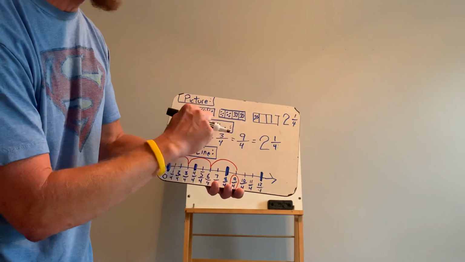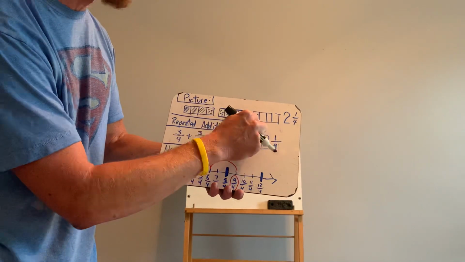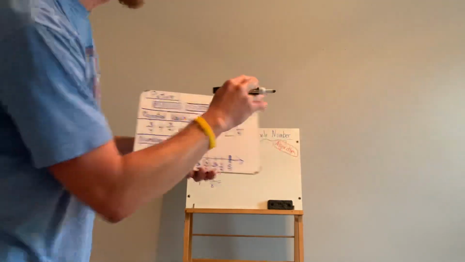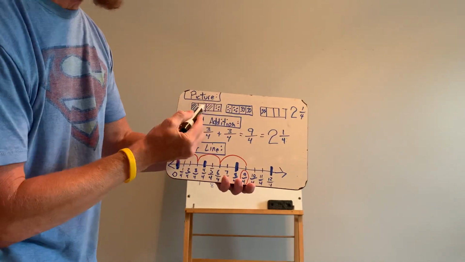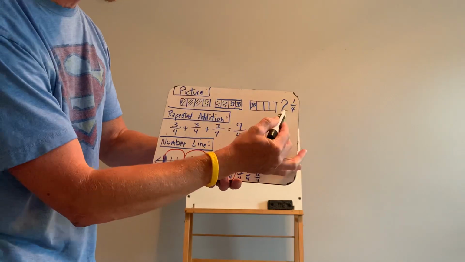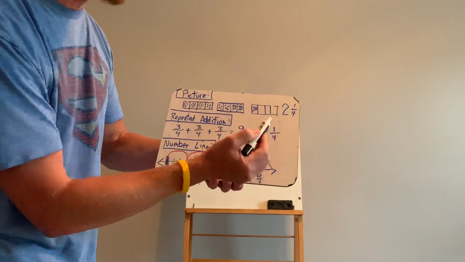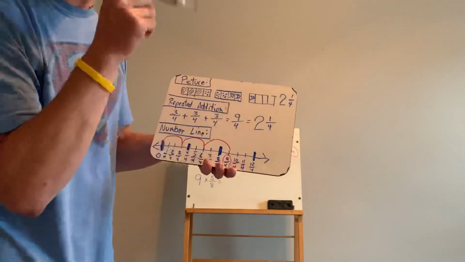Now everything's shaded in and my picture represents my equation. I have one whole shaded in, another whole shaded in, so that's 2, and of that third whole, I only have 1/4 shaded in. So my answer in picture form is 2 1/4.